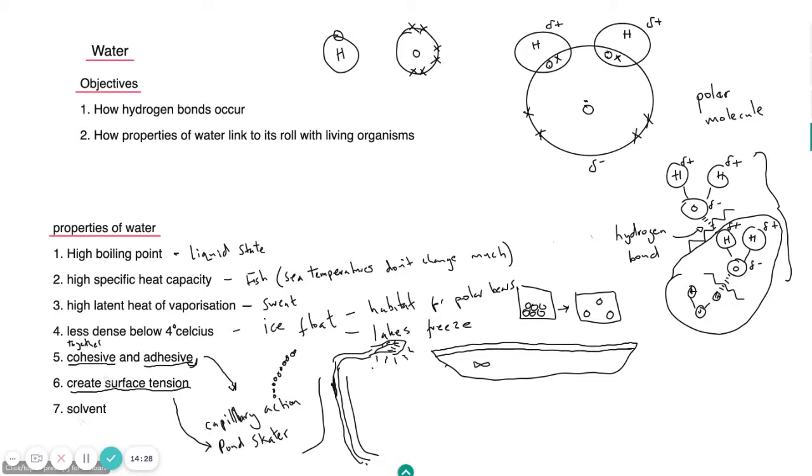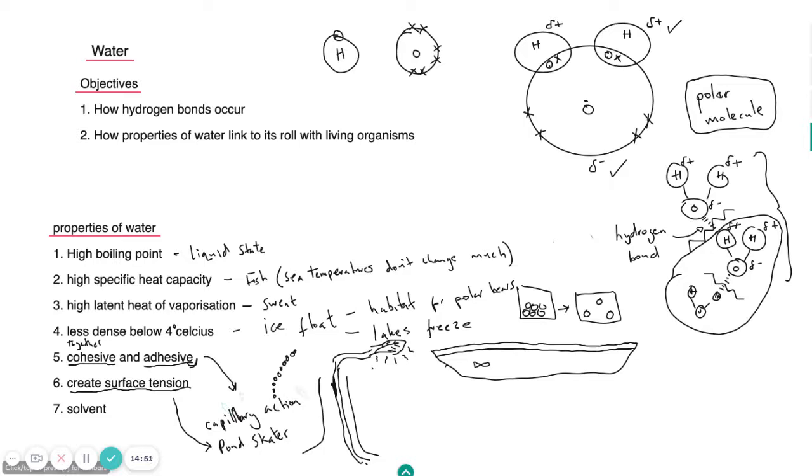And then finally, this isn't the hydrogen bonds themselves, because water is a polar molecule, and polar means it's got a charge, it's a dipole, so it's got a slightly positive and a slightly negative charge. It's able to interact with other polar substances.